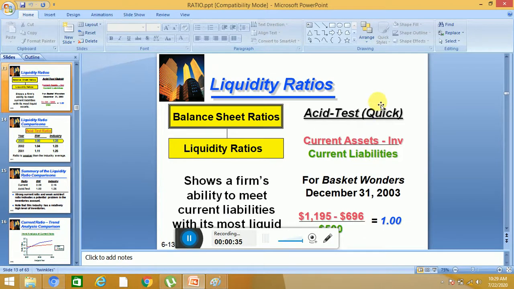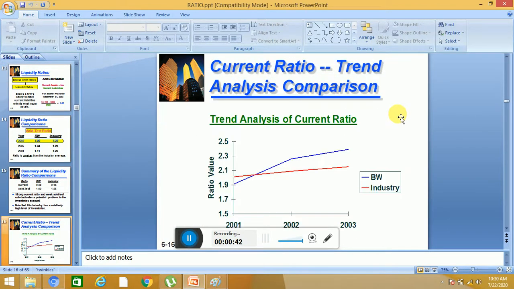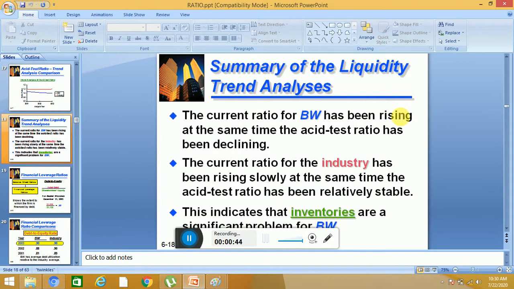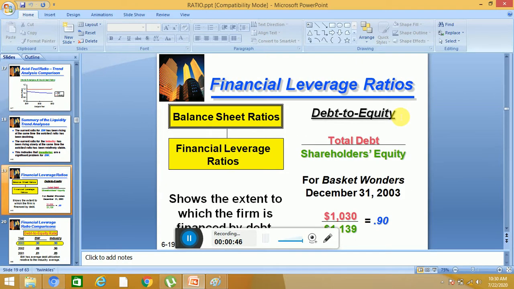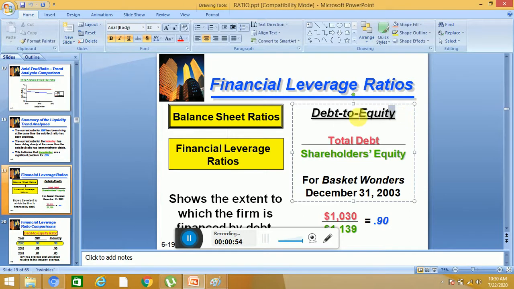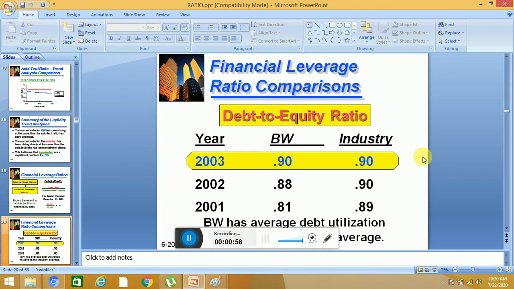Then we discussed the second one, the acid test ratio or quick ratio. So we discussed these two liquidity ratios. Then we discussed the financial leverage ratio. In that we discussed the debt to equity ratio.